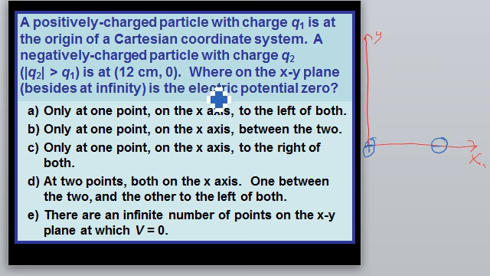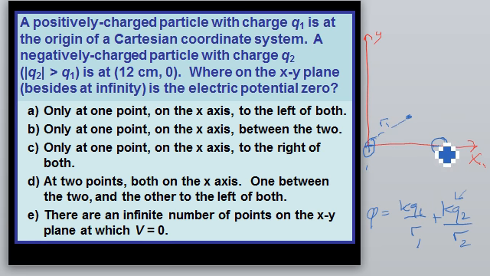And we're looking for places where the electric potential is 0. Now the electric potential is going to be kq1 over r1 plus kq2 over r2, where this one is negative. If I pick some point P in space, the distance to number 1 is my R1.